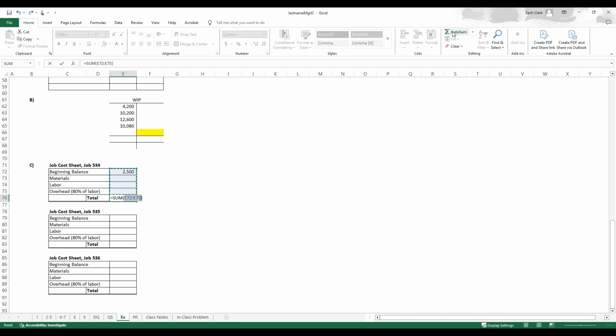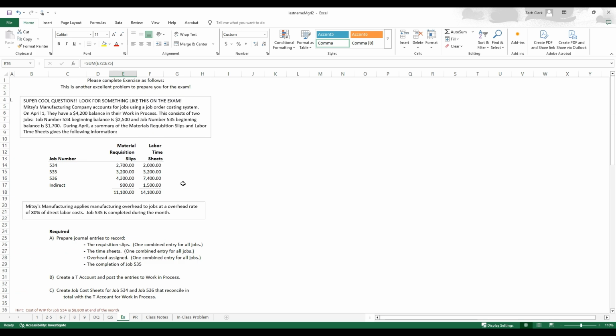So I'm going to auto sum, and then we've got formatting and an auto sum in there. And then I'm just going to copy this down to the forms below. Again, this is just Excel stuff. Okay, so now we've got some nice looking job cost sheets we created, and we've got formulas and formatting done, and we can go ahead and put all the numbers in. So 2,500 was the 534 beginning balance.